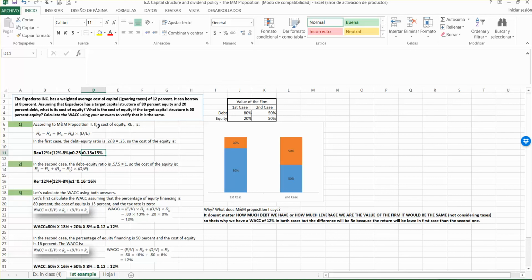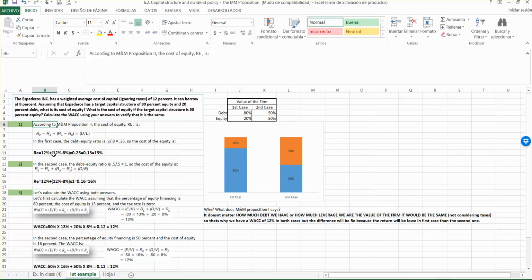What is the cost of equity? We will resolve this according to M and M proposition 2.